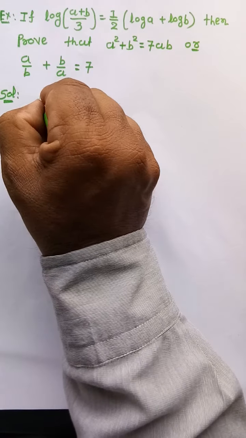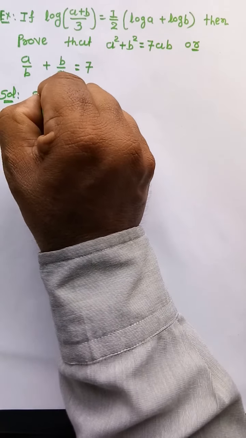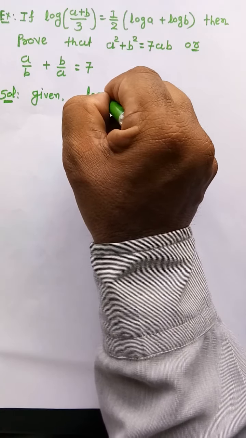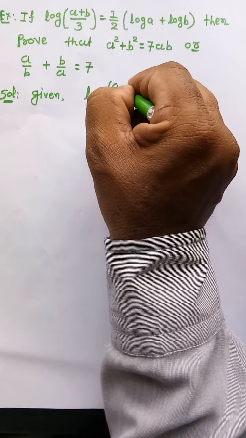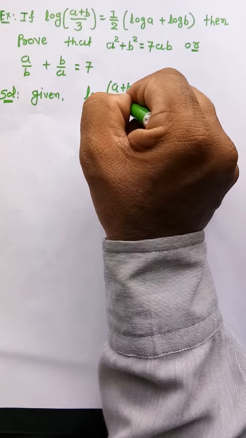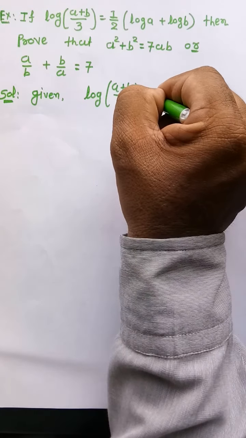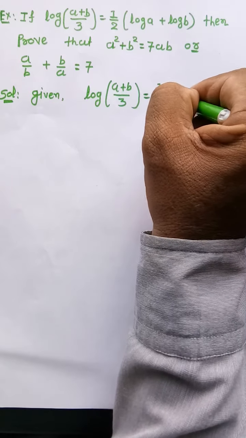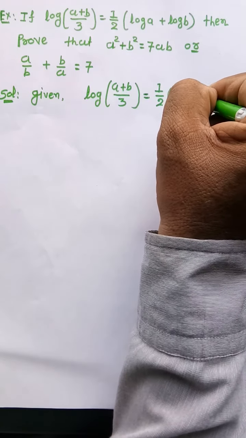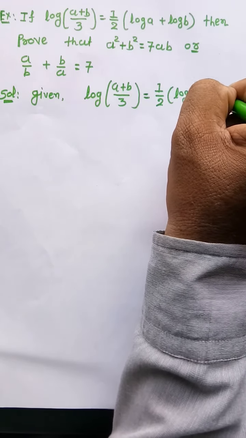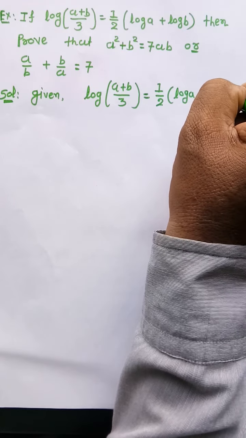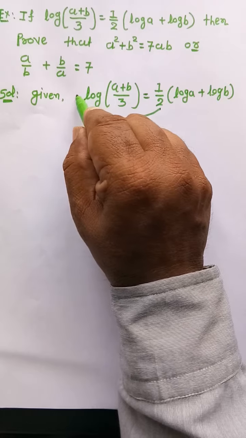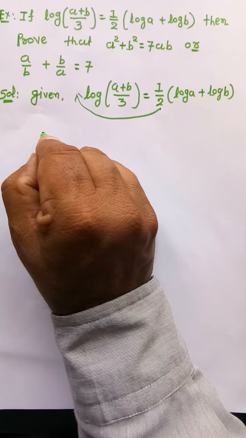Now here given log (a plus b by 3) is equal to 1 by 2 log a plus log b. Now here 2 is divide and the other side goes multiplication.